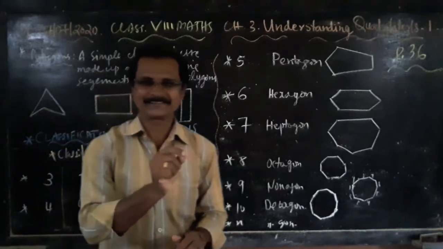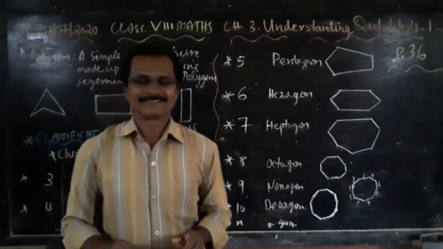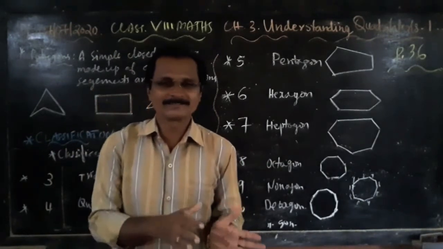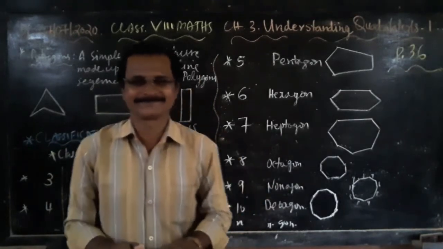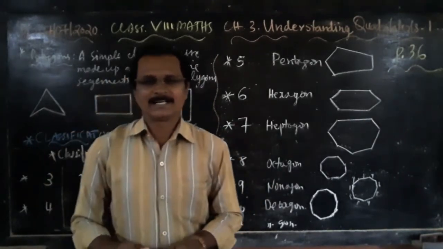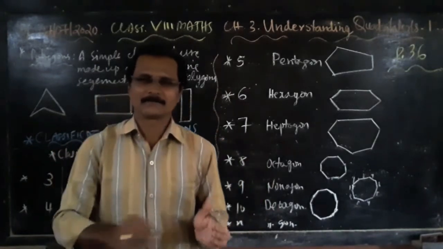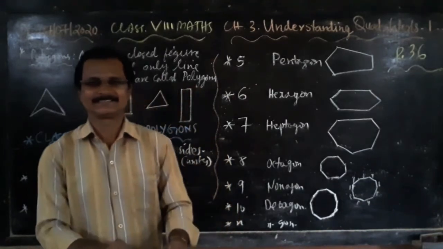So please get practice in your rough book. If you are finding it difficult to draw all these polygons, don't worry, get more practice. Everything will be achieved by doing continuous practice.